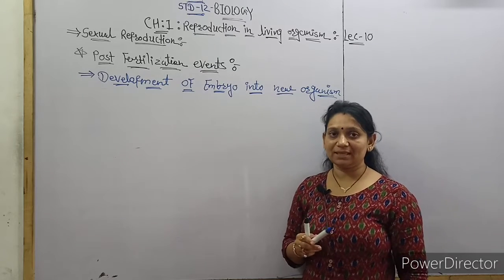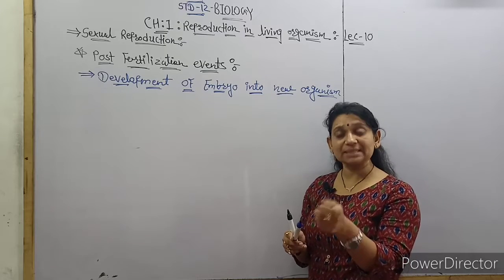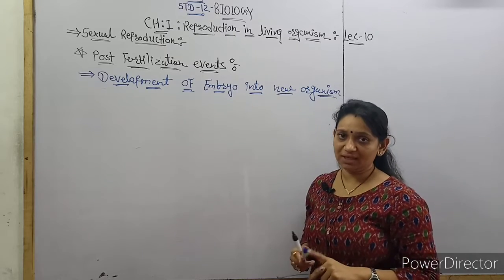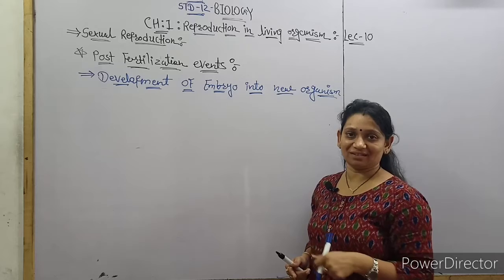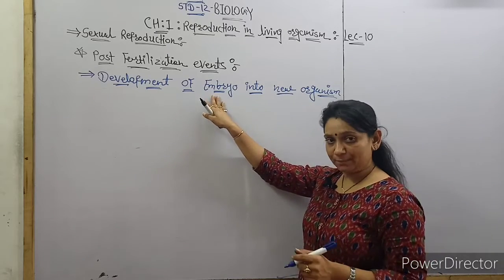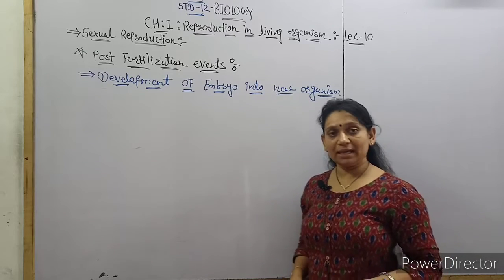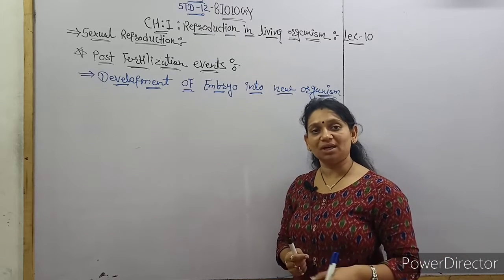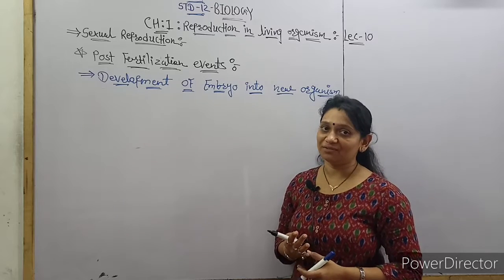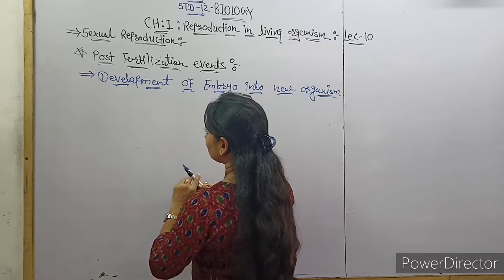So beta, we can say cell differentiation and organogenesis are processes, and as a result development occurs, that is one event. Because of this, one embryo converts into a whole organism. And beta, when we saw the chart we already saw the definition of differentiation.